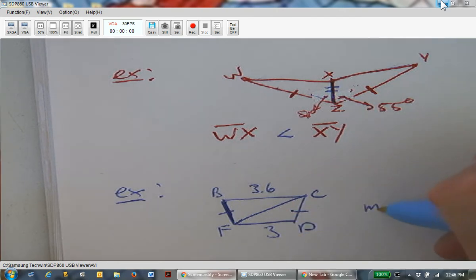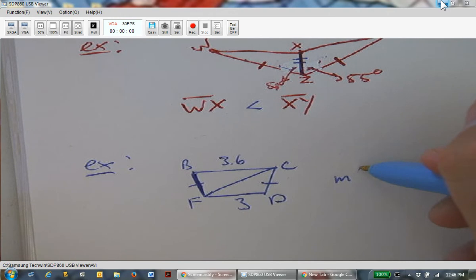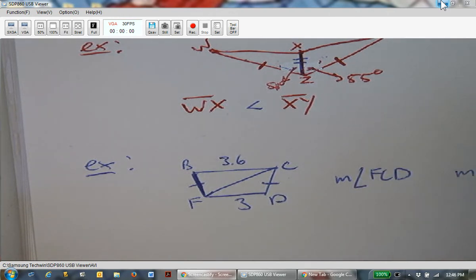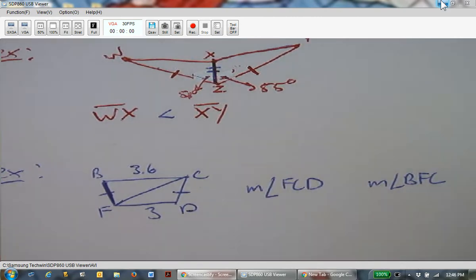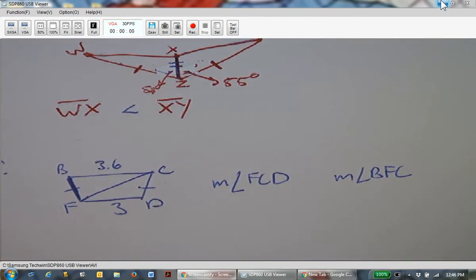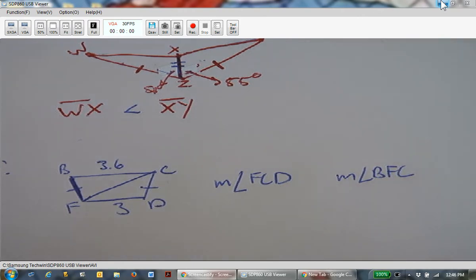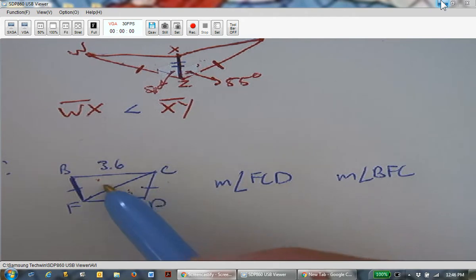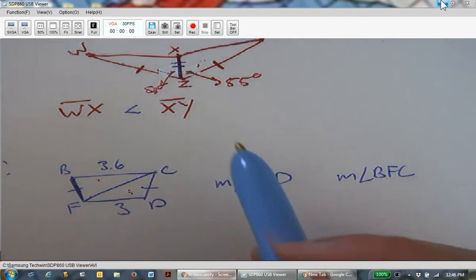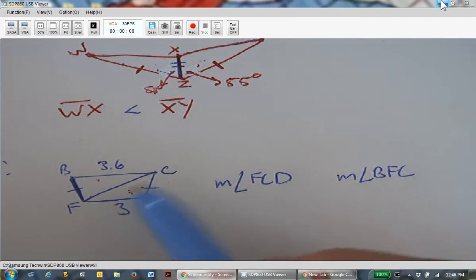And I want you to find the relationship between the measure of angle FCD and the measure of angle BFC. Who is going to be bigger or smaller? Okay. So there's two different triangles here. You want to be able to identify them. Okay. And let's see. Is there any other side that's going to be congruent to each other?